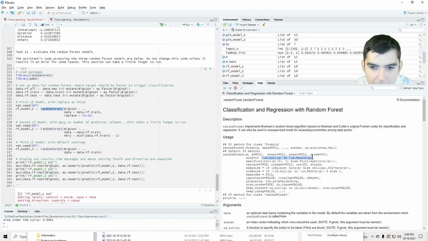Well, is y a factor? Big cost is equal to as factor. Yes. So this is a factor and is not null. That's true. So if that's the case, then take max of floor of ncol x over 3, 1.